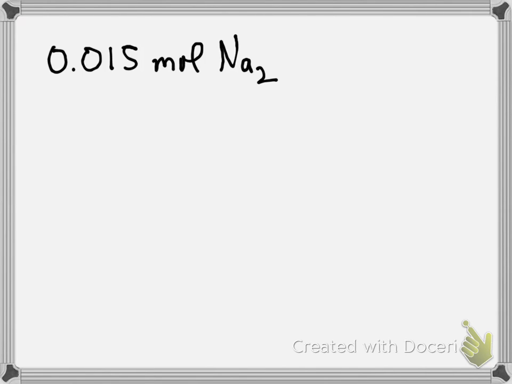Now let's go in the reverse direction. Let's say that we have 0.015 moles of sodium sulfate. By now we should be able to easily write that as Na2SO4, and we want to convert that to grams of sodium sulfate.